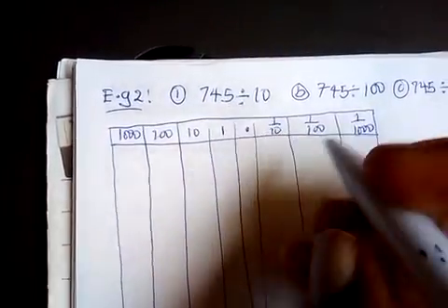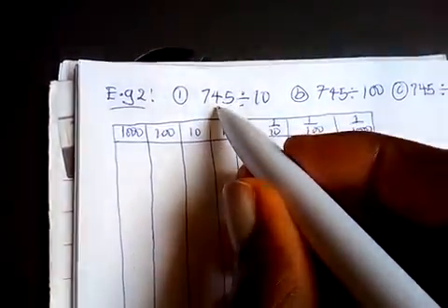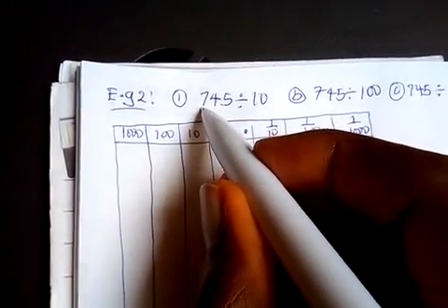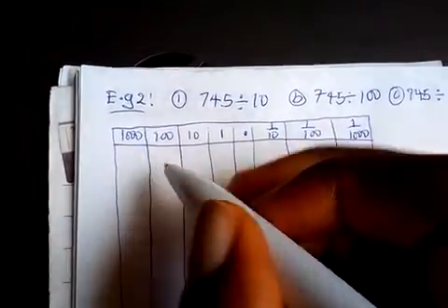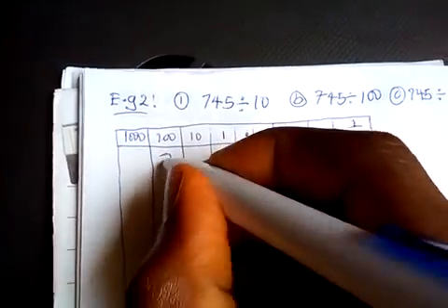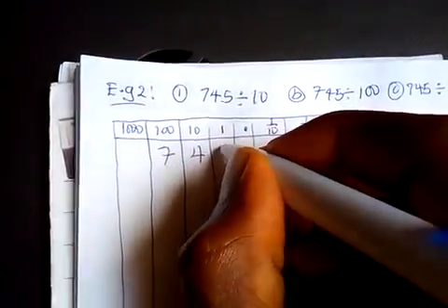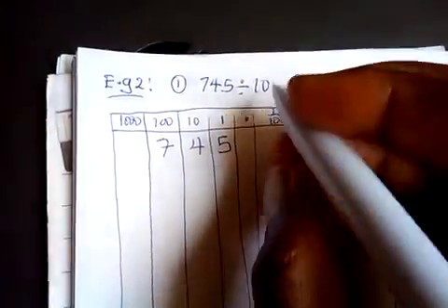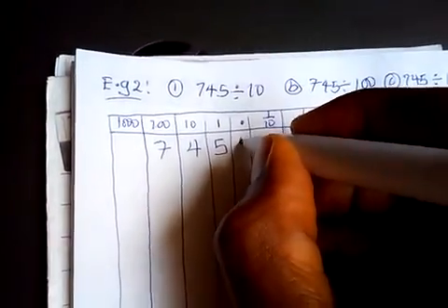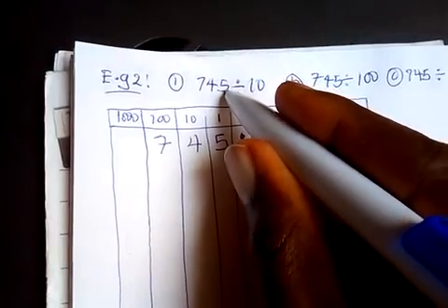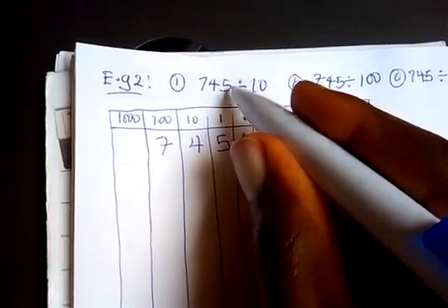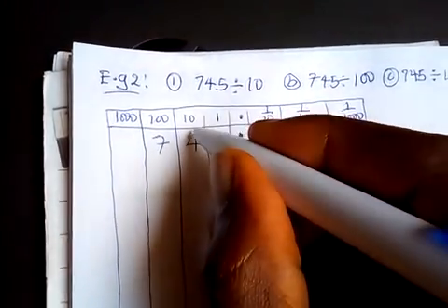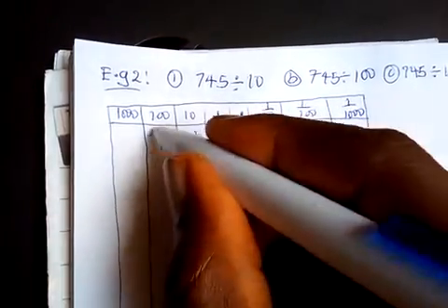This is ones, tens, hundreds. So 7, 4, 5. Or if you don't want to get confused, put your full stop first and start from the first one on the right: 5, then 4, 7.